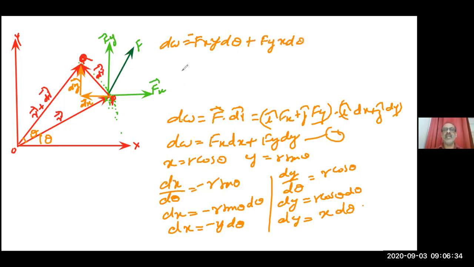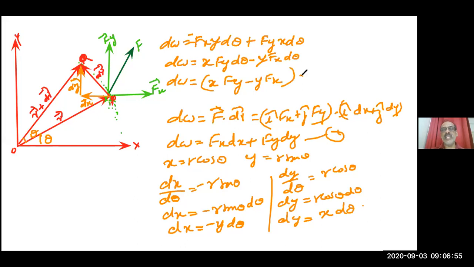Then dw is equal to x into fy d theta minus y into fx d theta, so dw is equal to (x into fy minus y into fx) into d theta.